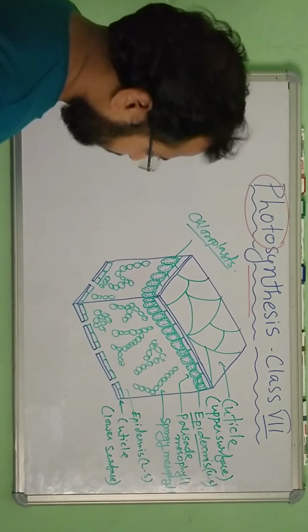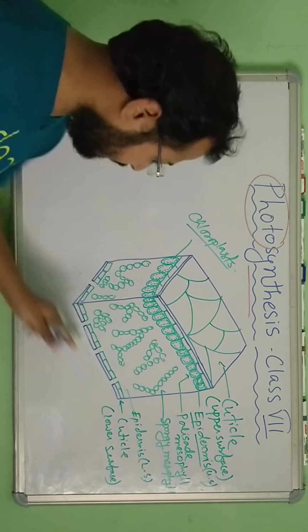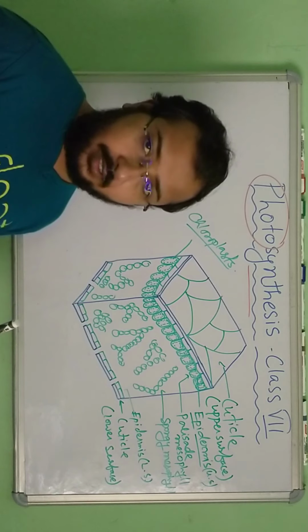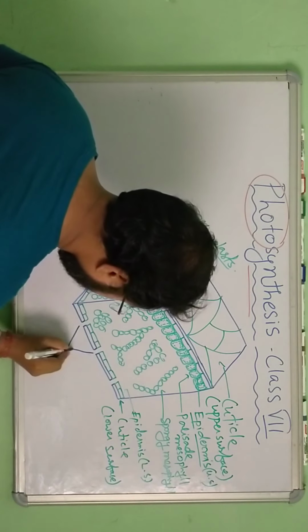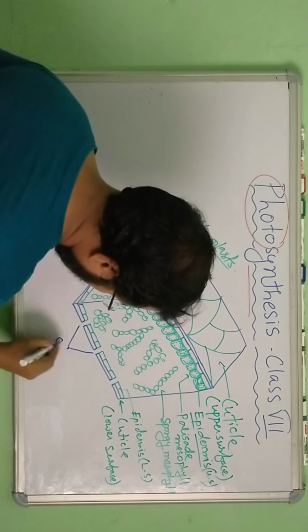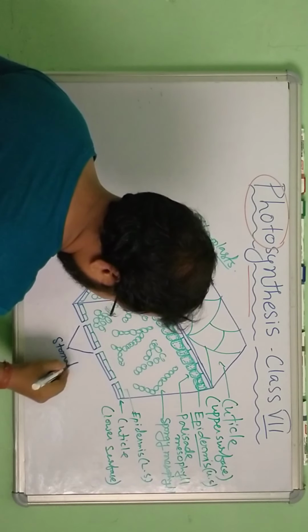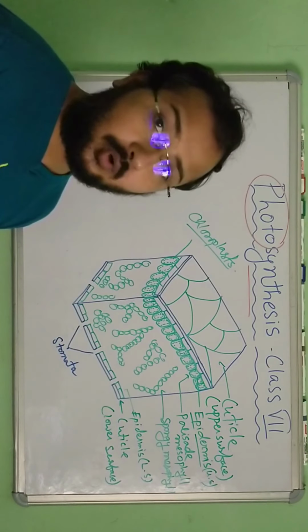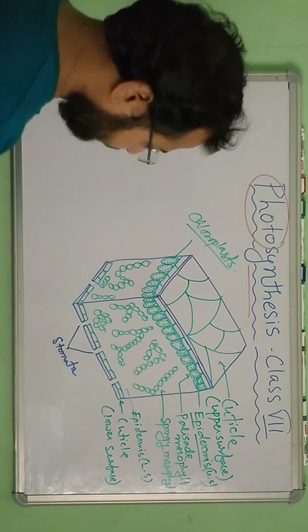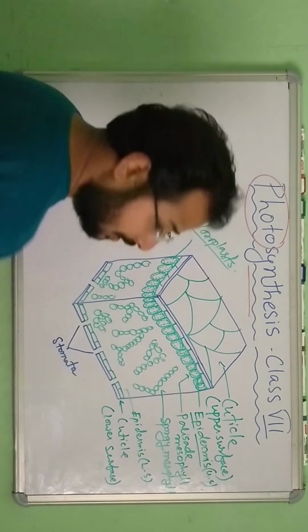You can see some gaps I have made at the lower surface particularly. These are stomata. These are stomata, or you can say stomatal pore or stomatal opening. These are the locations where the stomata are present.